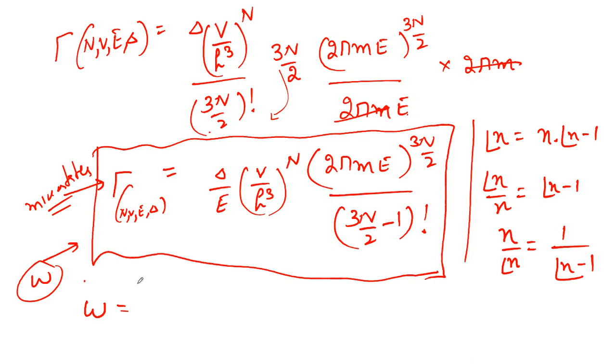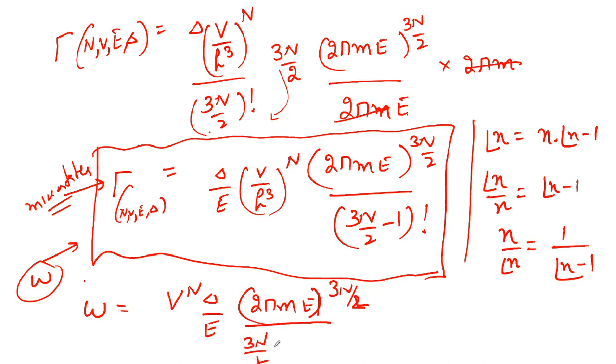Now I will write here the value of this omega, which comes out to be, when you rewrite it and try to solve, similar to the notation we calculated for these microstates, equal to V raised to power n delta over E, 2 pi m E raised to power 3n by 2 over 3n by 2 minus 1 factorial.